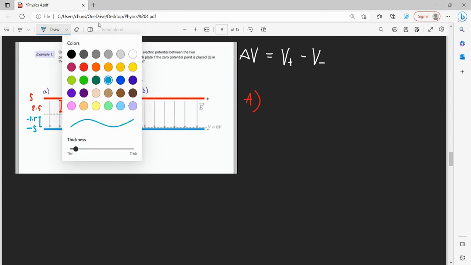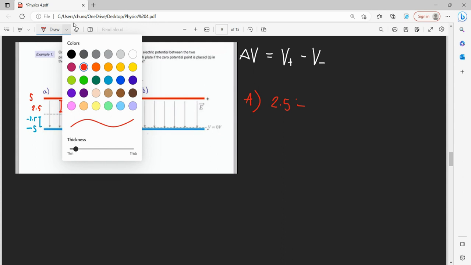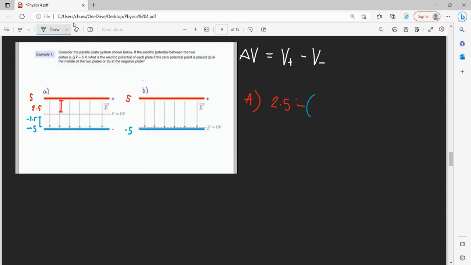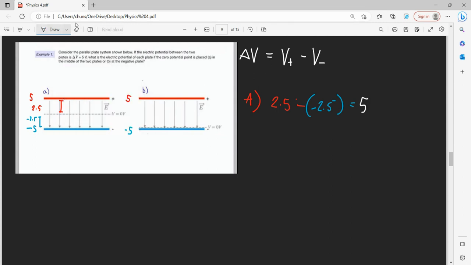So we take from our positive minus our negative, so that's 2.5 volts in our red minus negative 2.5 volts in blue. And this is going to equal 5 volts.